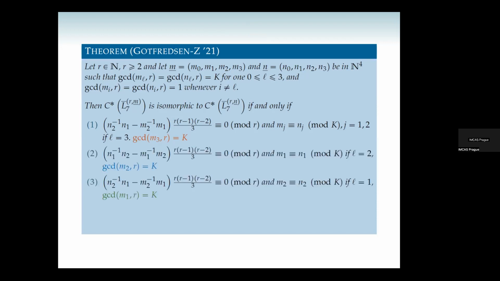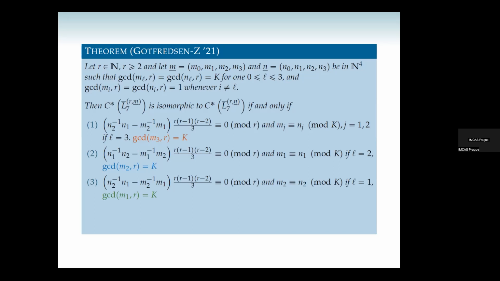And again, if you look at the 2 other cases where the greatest common divisor is different from 1 for M2 and M1, then you also get this condition here. For M1 here, you can see that you have just changed the role of 1 and 2. So in this case, N2 has a multiplicative unit, but M and N1 do not, because the greatest common divisor is not 1.